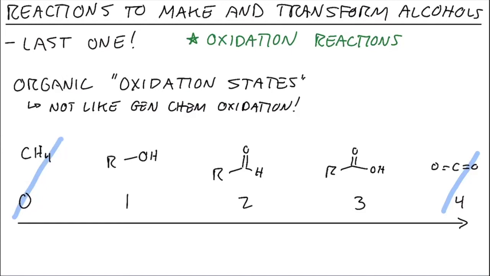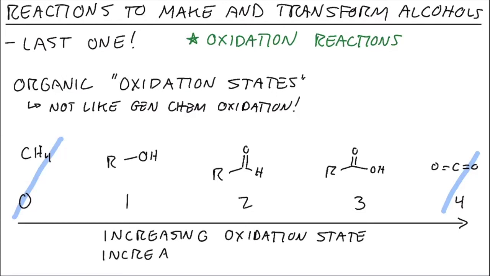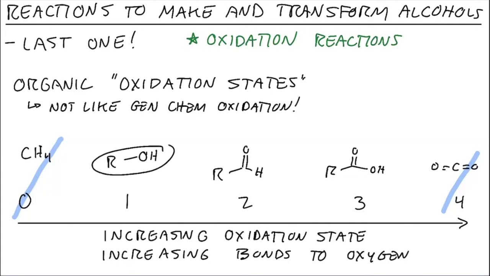So when we're doing oxidation reactions, we want to think about increasing the oxidation state of a particular carbon. And we basically do that by just increasing the number of bonds to oxygen. So you hopefully can see in this trend that we have 1 bond to oxygen here, and we have 1, 2 bonds in that pi bond there, and then we have 1, 2, and 3 in our carboxylic acid.